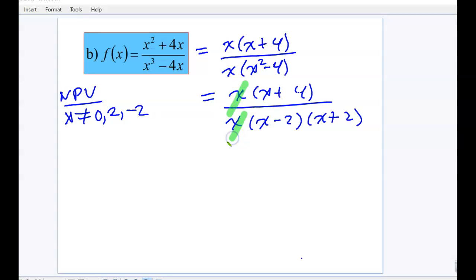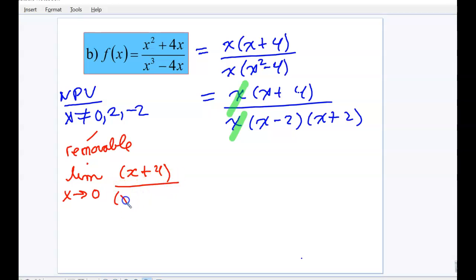And note this factor of x, which is related to my non-permissible value of 0, cancels out. So that's an indication that I am going to have a removable discontinuity at 0. Now to figure out where exactly that is, I'm going to find the limit as x approaches 0 of what's left. If I put 0 in for x, I'm going to get 4 over negative 4, which is negative 1. So the hole in my graph is going to be at 0 and negative 1.